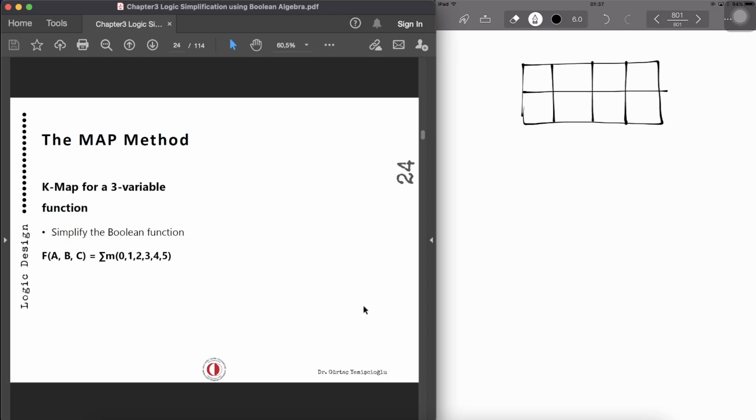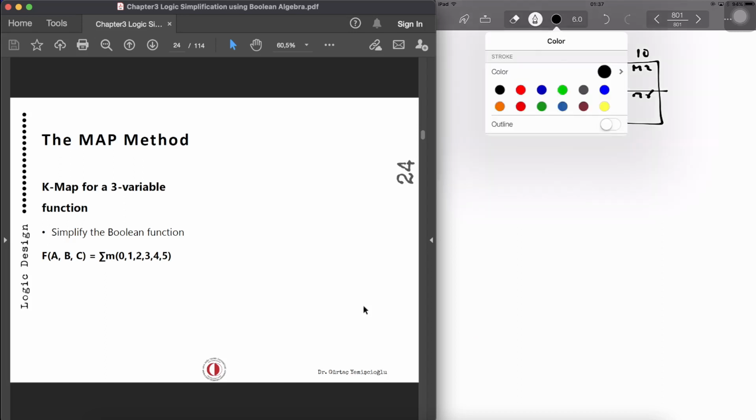I know that. I have got variables A, B, C. So 0 and 1, 0, 0, 0, 1, 1, 1, 1, 0. I know my minterms 0, 1, 2, 3, 4, 5, 7, and 6.